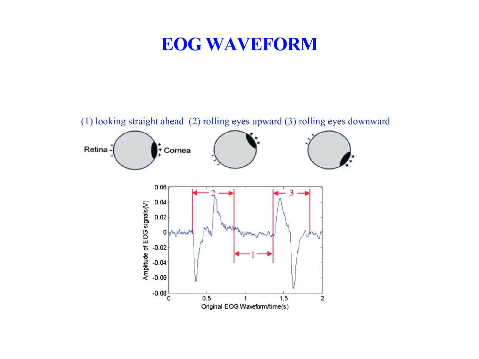Next is the EOG waveform. The first is looking straight ahead. The second is rolling the eyes upward, and rolling the eyes downward is the third diagram.